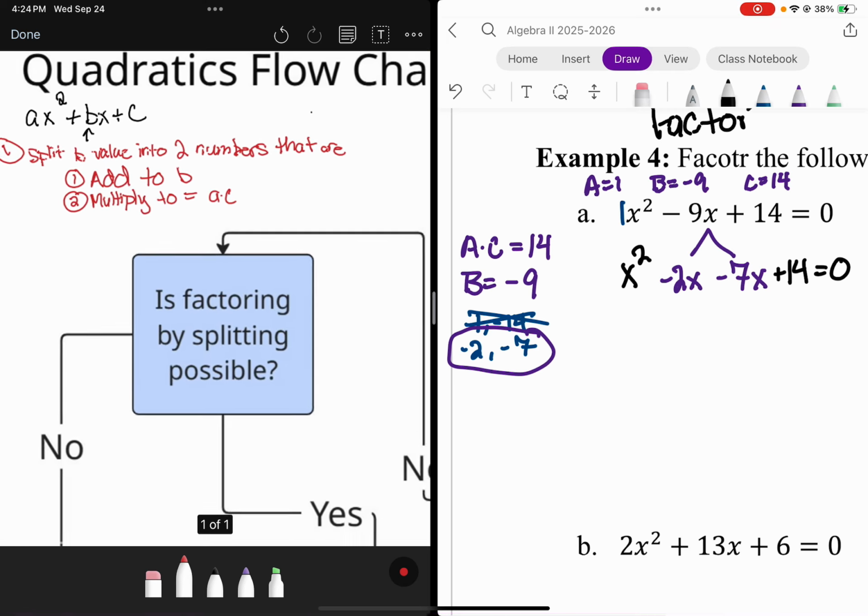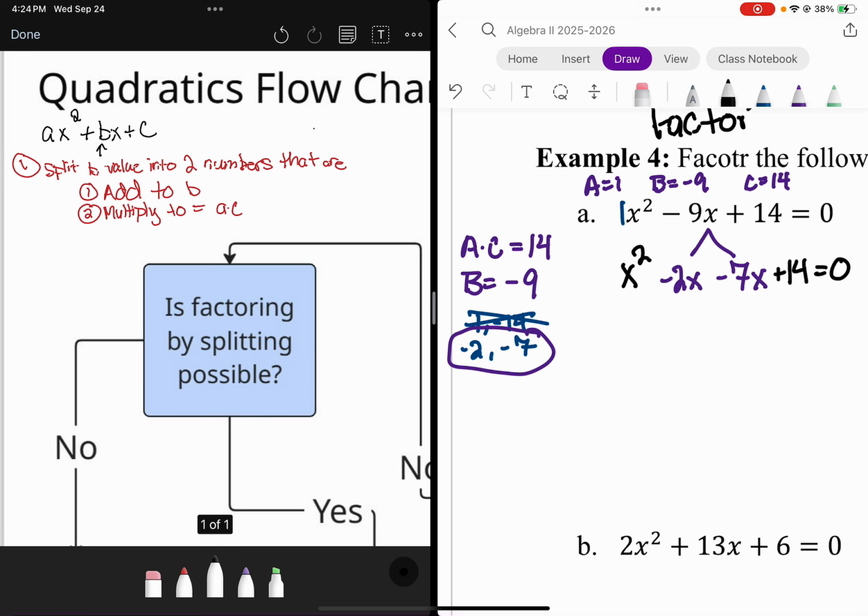The next step after you split that middle term, so step 2 here, you are going to write an equation as 4 terms. So that's what we just did over there. So we're going to write equation as 4 terms.